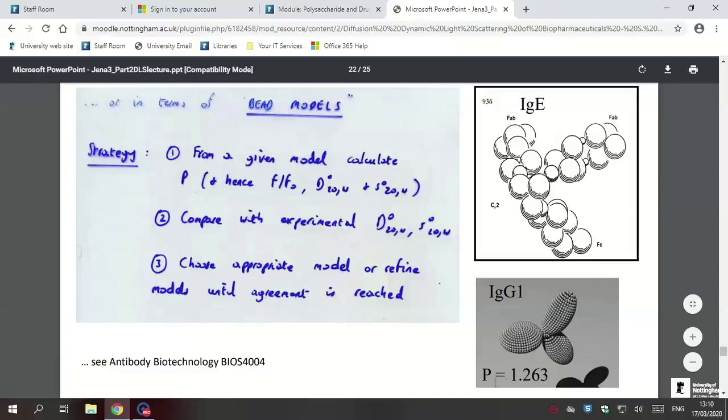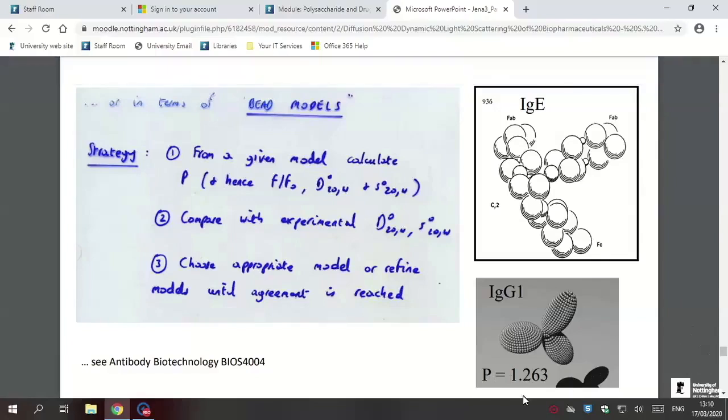So when we gave that lecture in BIOS4004, when we came up with these P-values, we're trying to match the experimental value with the model value to find the best model. This is, you know now, where the P function comes from.